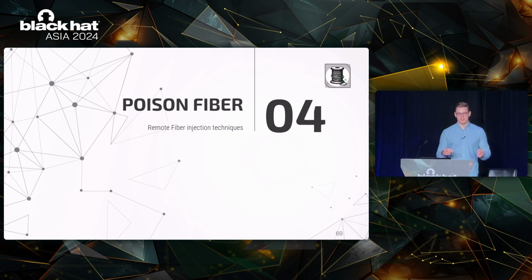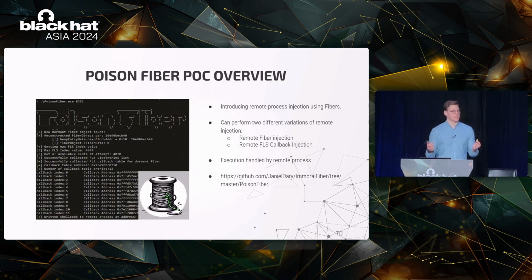The next up is dormant fiber, poison fiber. So every other technique I've spoken about thus far has been local to a process that you control. What poison fiber does is it remotely targets processes that are making use of fibers and then injects into them.